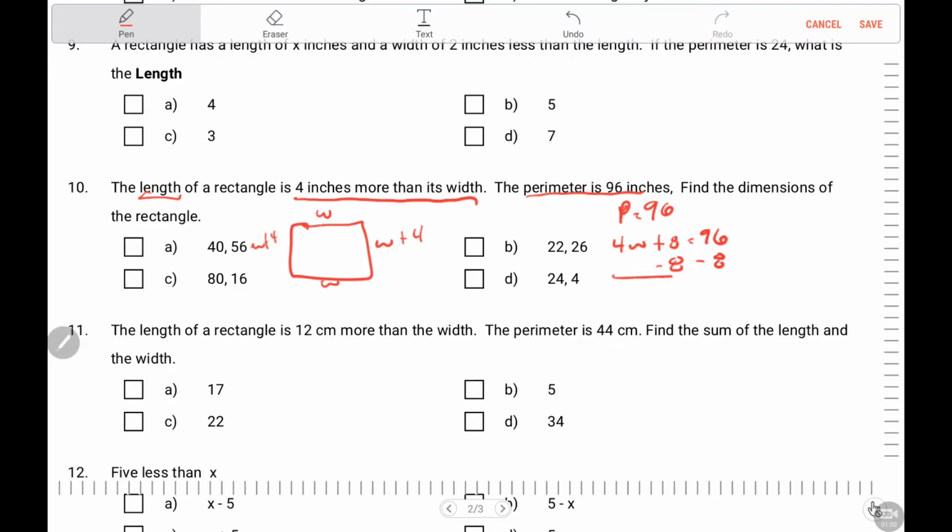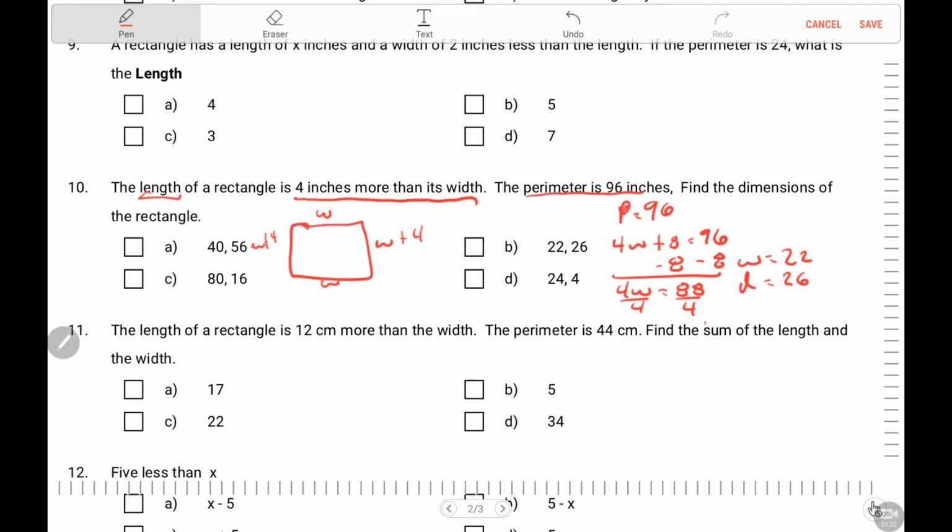Subtract 8. You get 4W equals 88. Divide by 4. The width then is 22. But remember, the length is 4 more than the width. So the length would be 4 more than 22, which is 26.